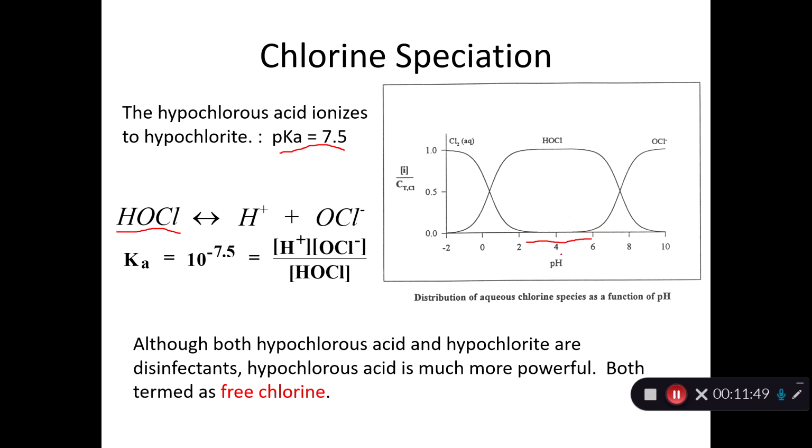And that's why I was saying that frequently you want your water, while you're disinfecting it, to be around a pH of 6. And then after it leaves your drinking water facility, you might increase the pH a little bit so that it won't corrode the pipes. And these two together, HOCl and OCl minus, together are termed free chlorine. And so you're frequently trying to target the amount of free chlorine that you have in your water system.